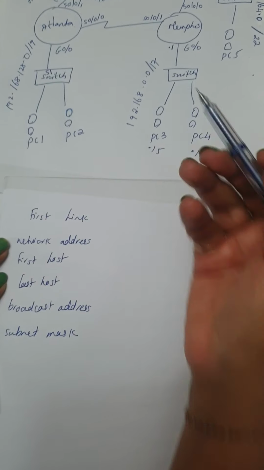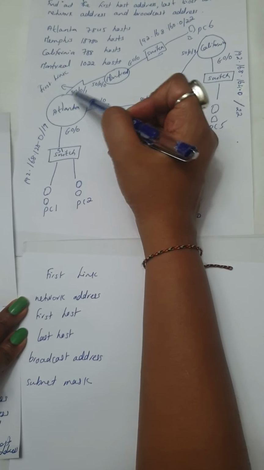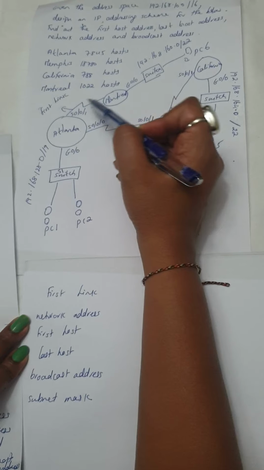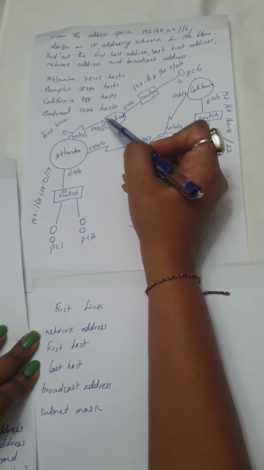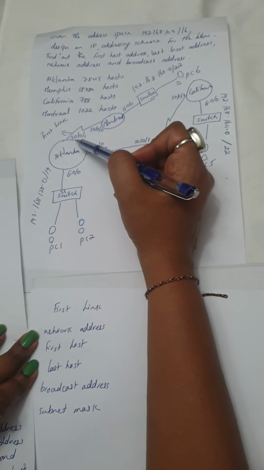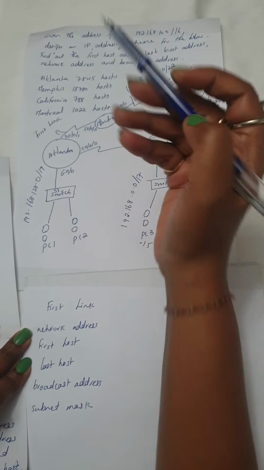As you see, between Montreal and Atlanta we have only two host addresses to give: one for the interface of serial 0/0/0, one for serial 0/0/1.